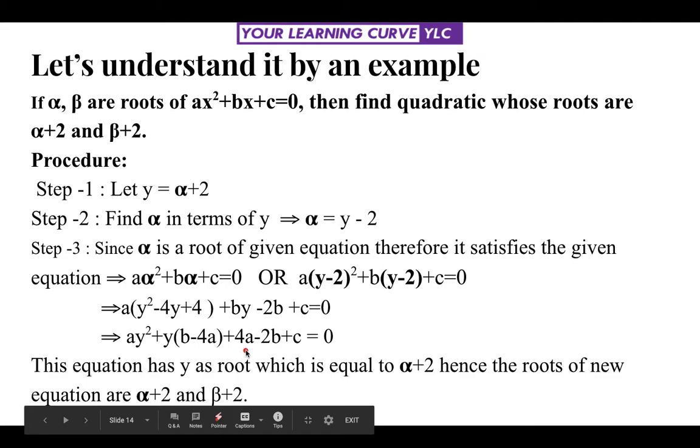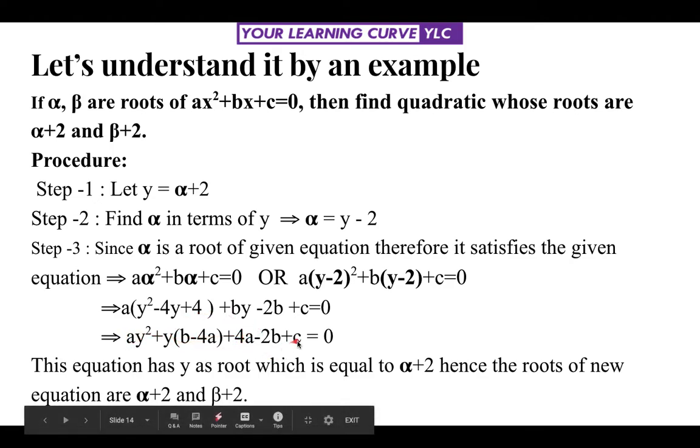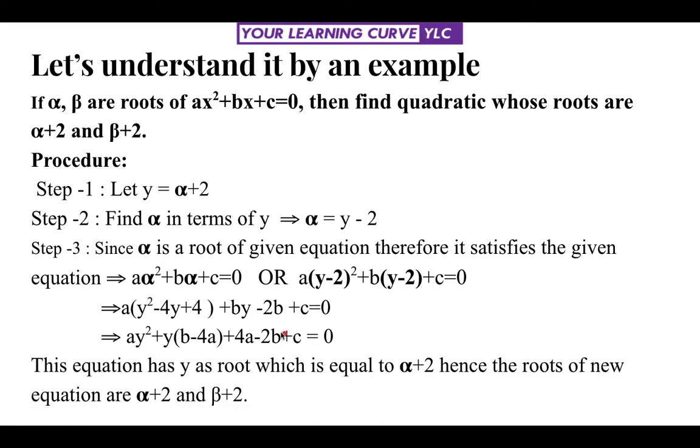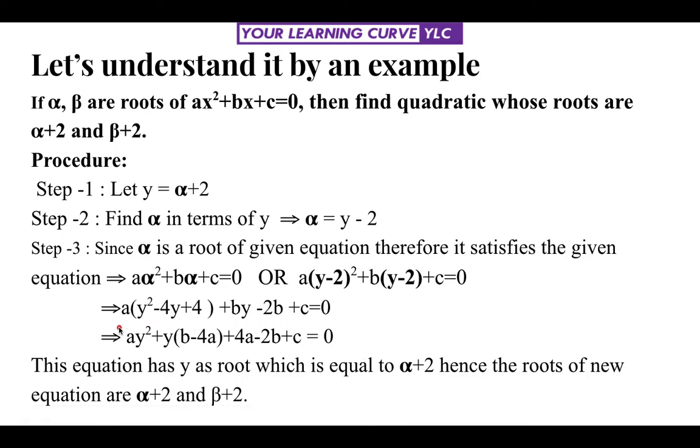Remember, this statement is very important. This is a new equation in a, b and c only, no alpha, no beta, and it is a quadratic in y. A, b minus 4a, 4a minus 2b plus c, all these are constants known to us. So, what is written over here is nothing but a quadratic in y.